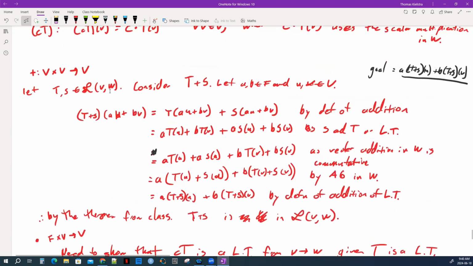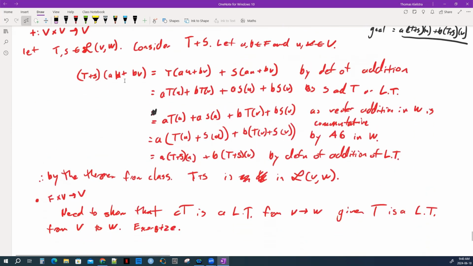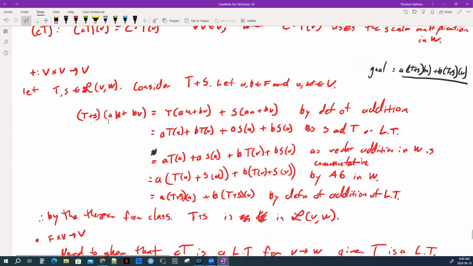It's very similar to what we've done here. We've taken a linear transformation and we've shown that it maps V to W.